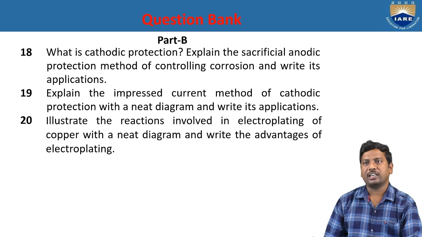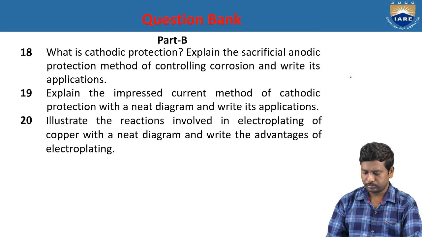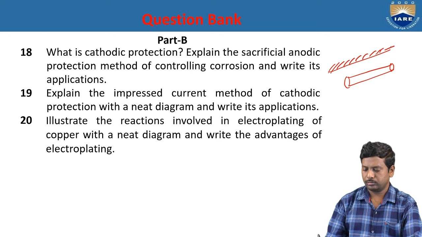Explain the impressed current cathodic protection method with a neat diagram and write its applications. So impressed current cathodic method is nothing but by applying a DC source, what happens? The anodic material should be converted into a cathodic material, and the diagram for this is: the surface of Earth.